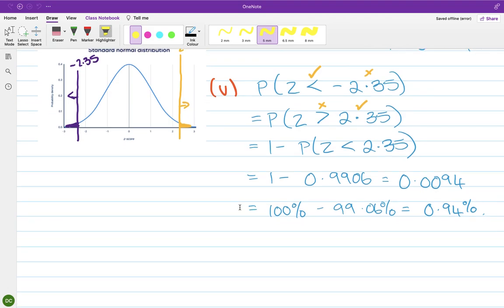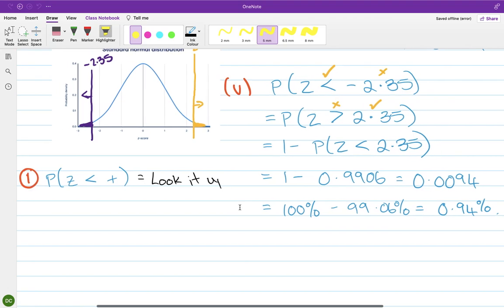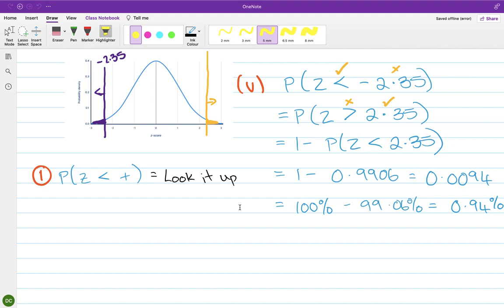So I was thinking about this yesterday. I think there's 5 of these that you need to know. So the first one is the probability of the z-score being less than a positive number. And that one's grand, because you just look it up. The second one is the probability of the z-score being greater than a positive number.